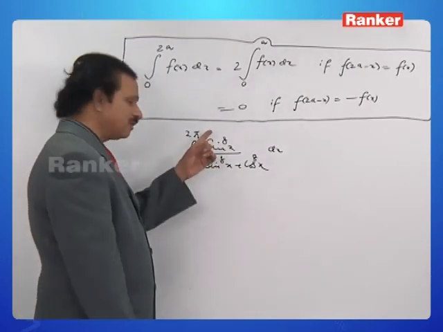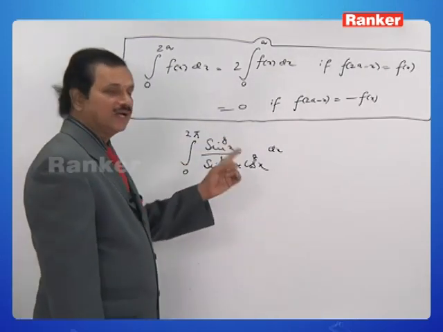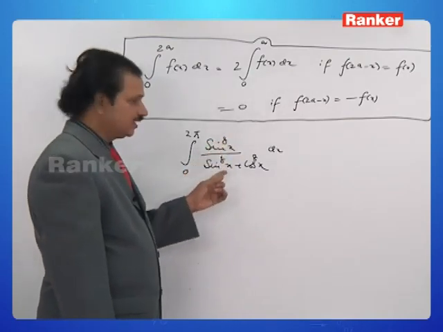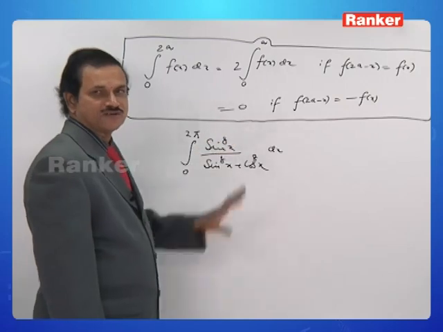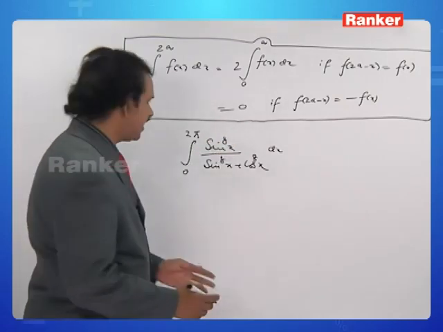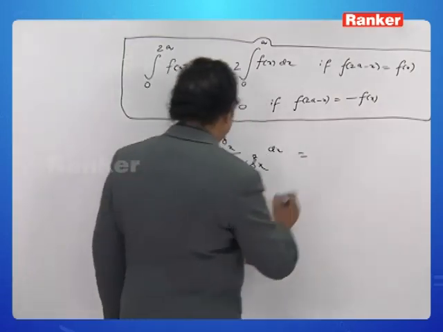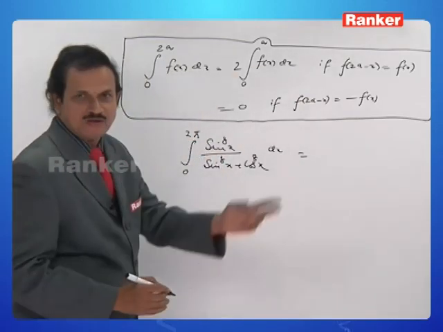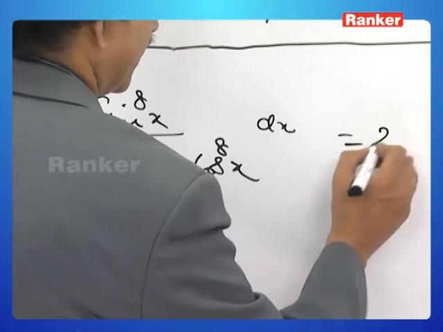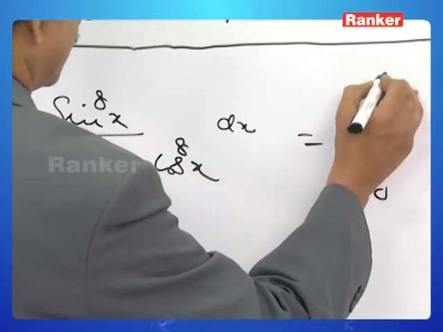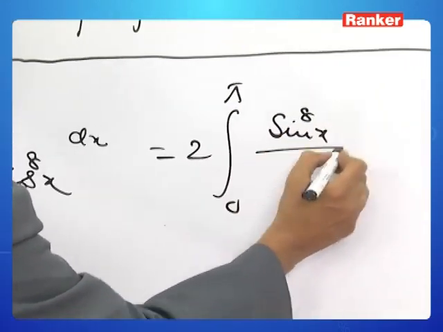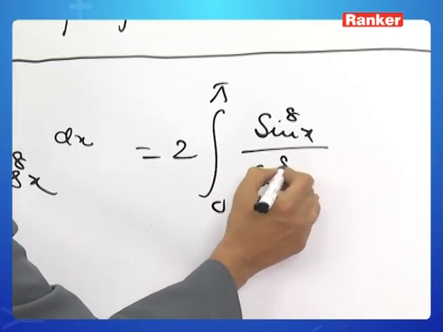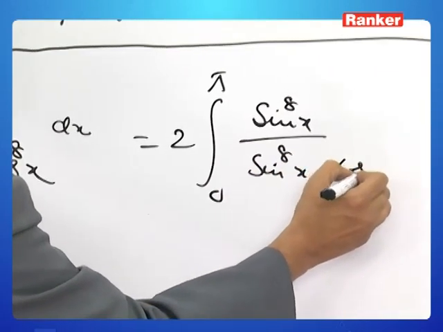But of course, whole power 8 is given. Hence, it is sine power 8x. No change here. So, though there is no change in the function, what should be done? As there is no change, f of 2a minus x is equal to f of x. We are supposed to get 2 out. Integral 0 to pi sine power 8x by sine power 8x plus cos power 8x.